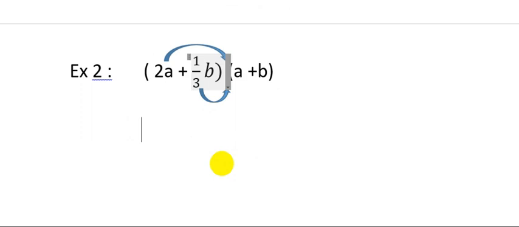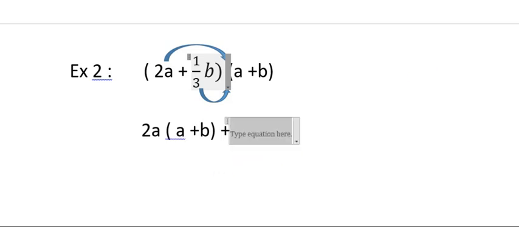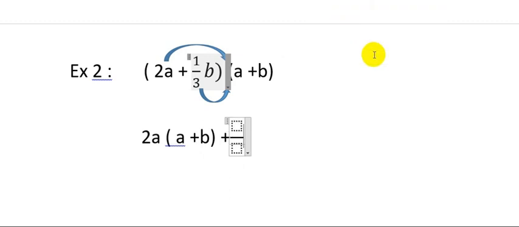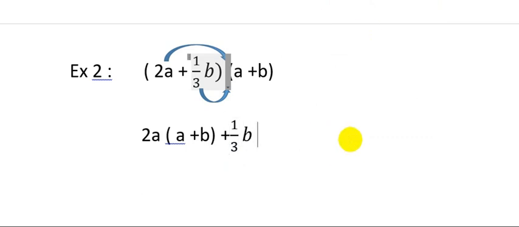So if I write the steps, 2a we multiply by a plus b, then the next term is plus 1/3 b. So the fraction comes into play. 1/3 b, I'm going to multiply by a plus b.